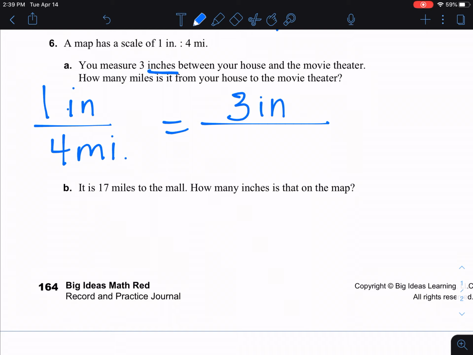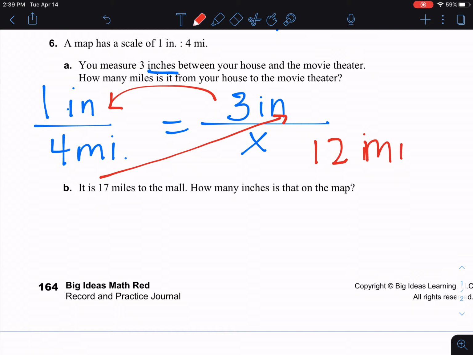And the question is, how many actual miles is it? So I would be doing my cross multiplication, just like we normally do. 4 times 3 divided by 1, which would give me 12. So my actual distance, I'll make that prettier, sorry, is 12 miles.